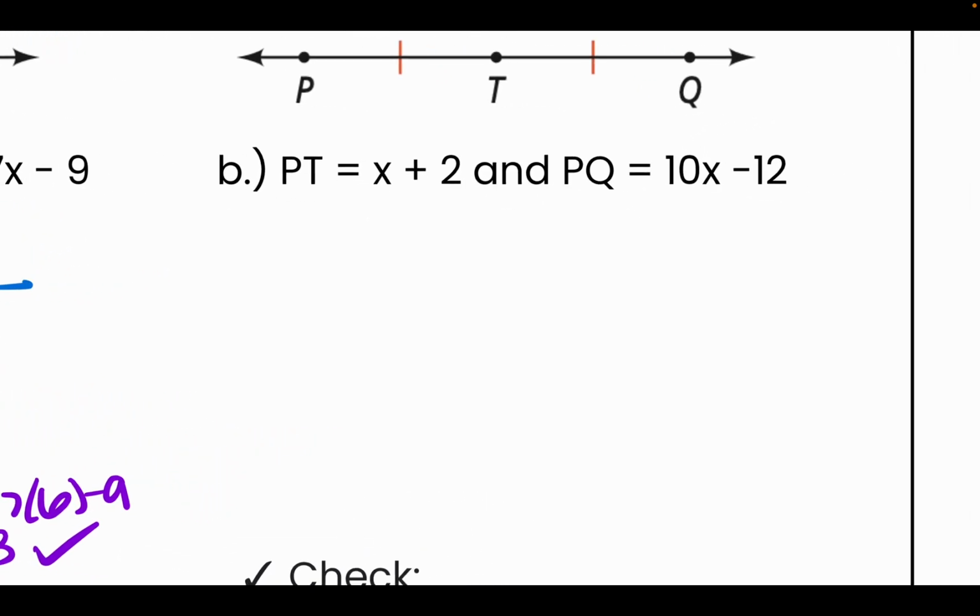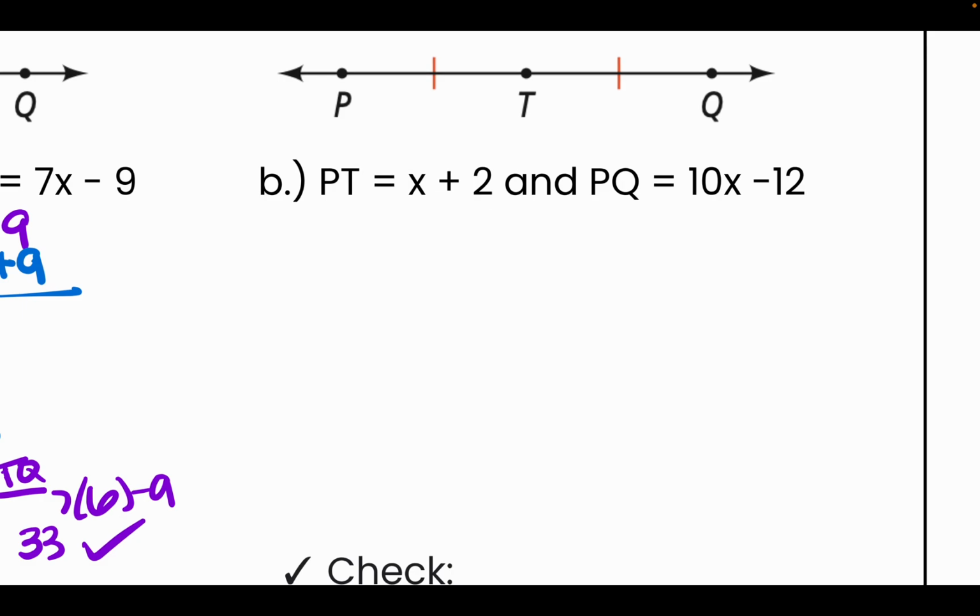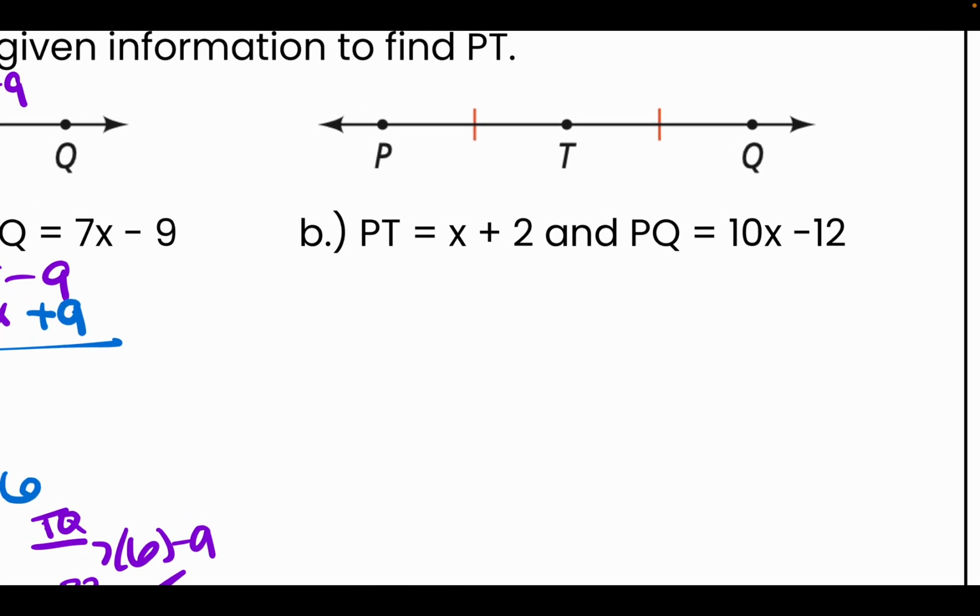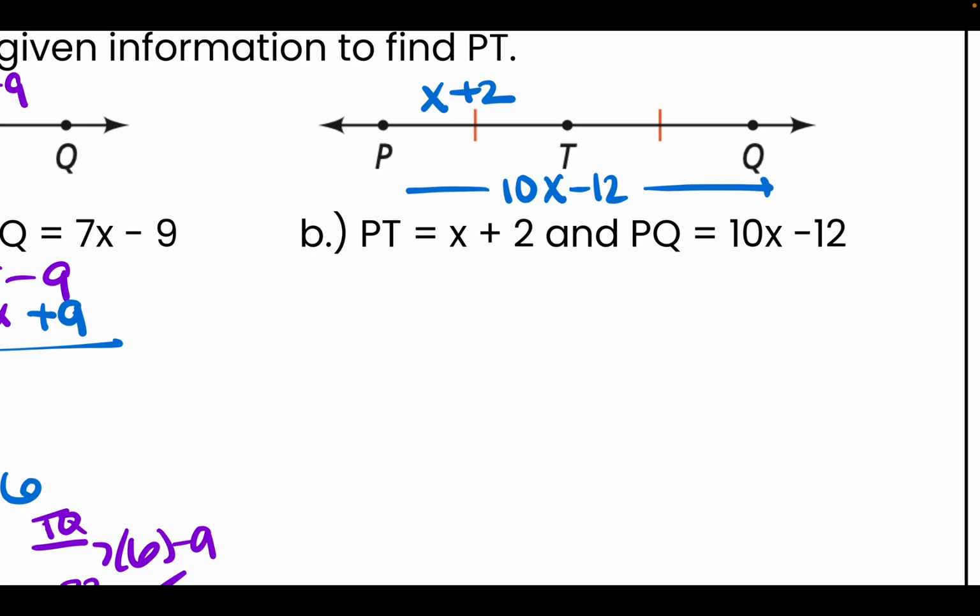Next one. Again, first thing I want you to do is label your diagram. So PT is x plus 2. PQ is 10x minus 12, and that's the whole thing. Again, we know we have 2 congruent segments. So that means that PT and TQ are the same.